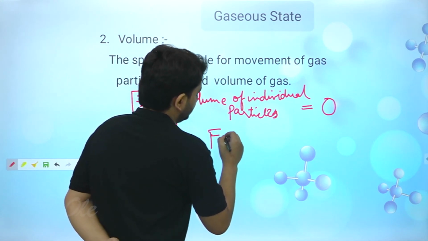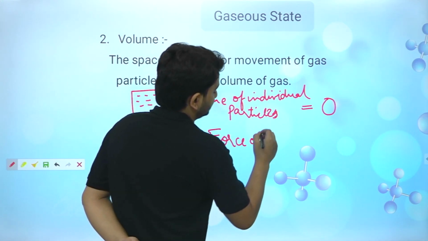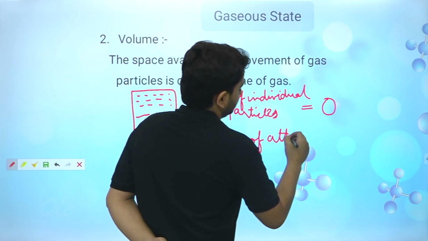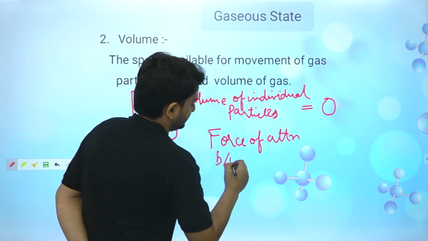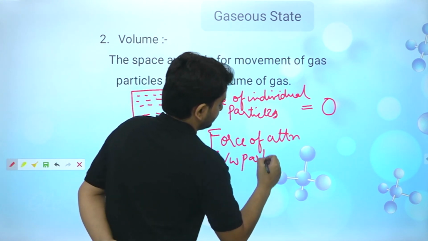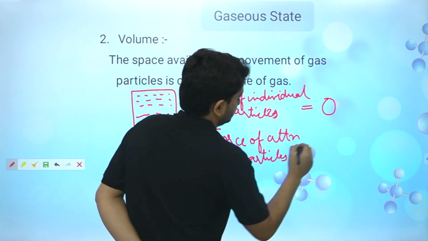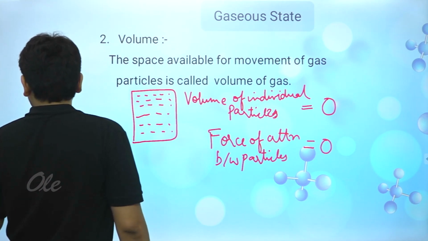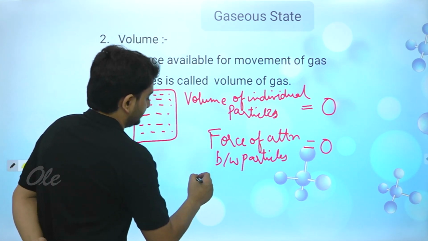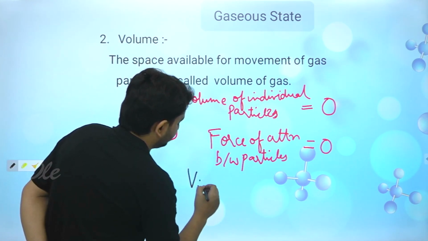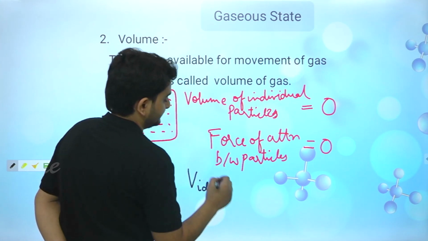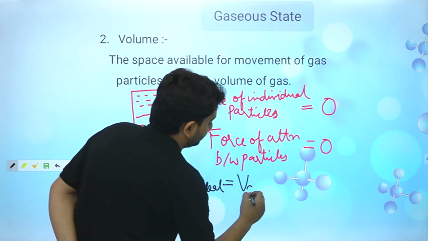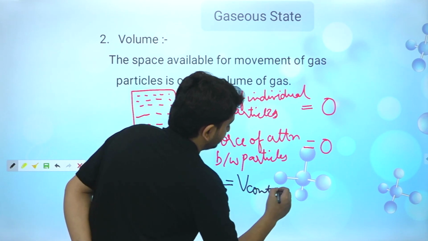Secondly, force of attraction between particles is also 0. So that means volume of ideal gas is actually equal to the volume of the container, right?